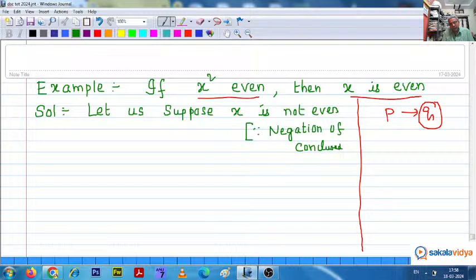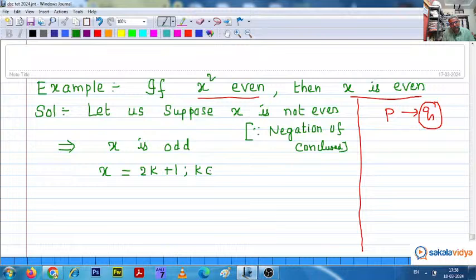So, we assumed that x is not even. X is not even means obviously what? That implies x is odd. X is odd means we can write x is equal to 2k plus 1.